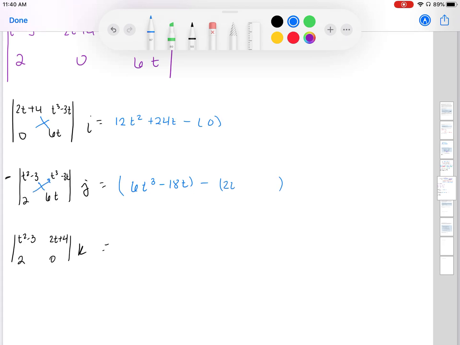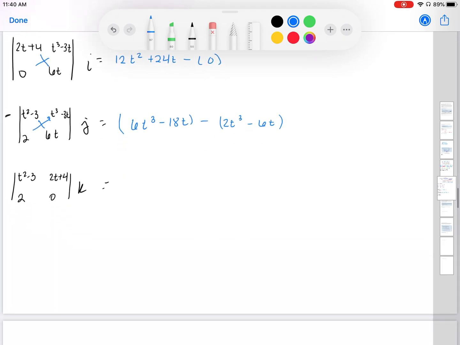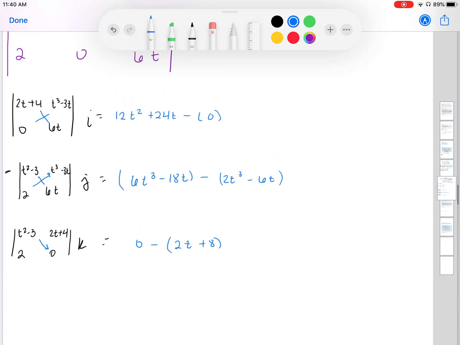So that gives us 2t cubed minus 6t. And for our k, we have anything times 0, 0, minus 2t plus 8. Okay, let's clean these up.